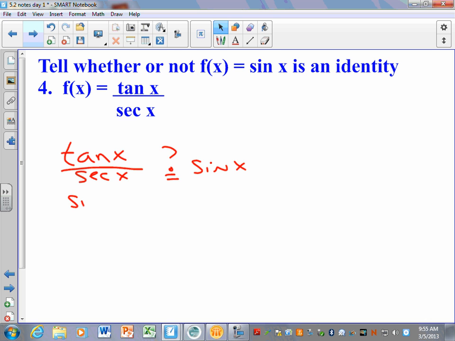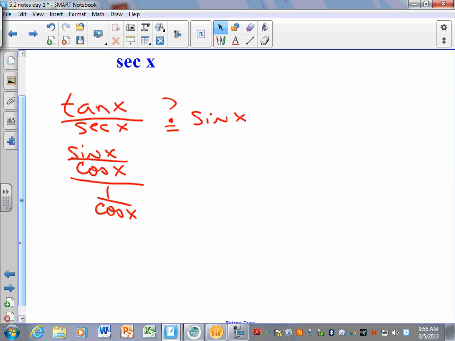Tangent is sine over cosine. And so then if I leave secant in the bottom, that's 1 over cosine. And then what can you do? Yeah, dividing by a fraction is the same as flipping it up.